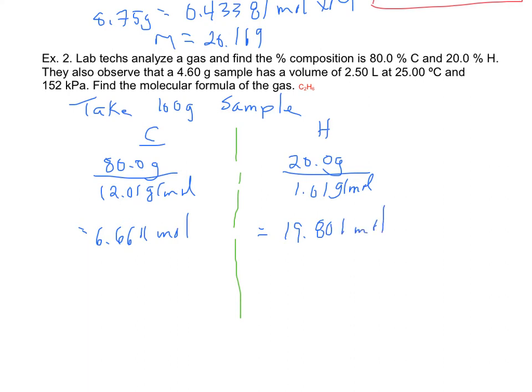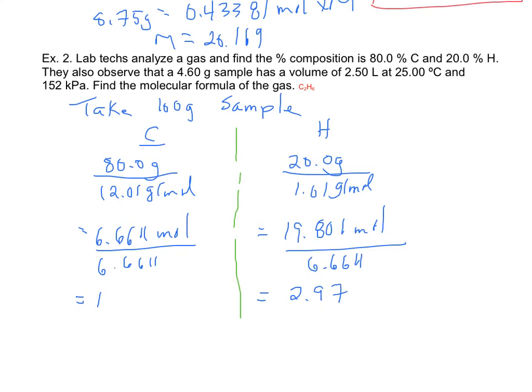Step number 3 of the process is to divide by the lowest number. That sets my ratio equal to 1. The H's, when you work that out, ends up being 2.97.